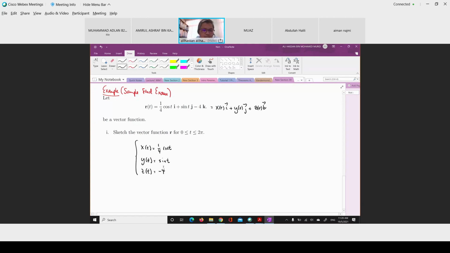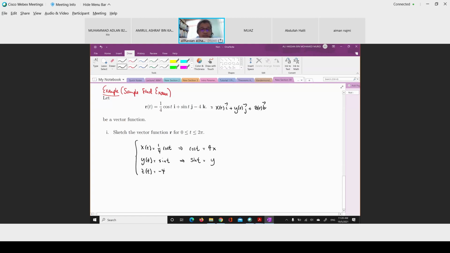Look at the x(t), y(t). It further implies what? For example, from x(t) we have cosine t equal to 4x, right? And then sine t is equal to y, isn't it?